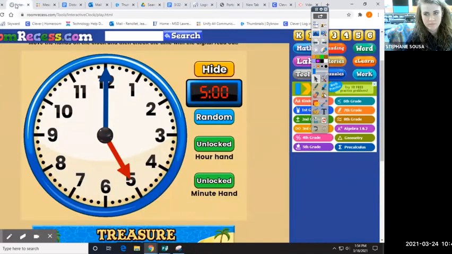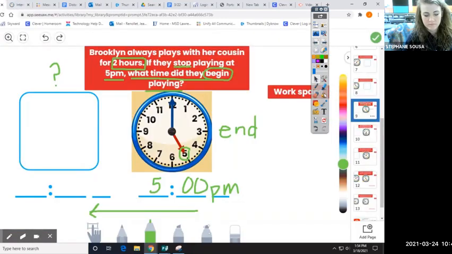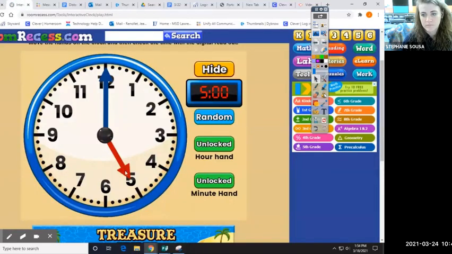My end time is 5 o'clock p.m. It says Brooklyn plays with her cousin for 2 hours. That means I can find my hour hand. I can move it back 1 whole hour from 5 o'clock to 4 o'clock. Now we need to go back in my day 1 more hour because the problem said they play for 2 hours. Now I can go back in my day 1 more hour.